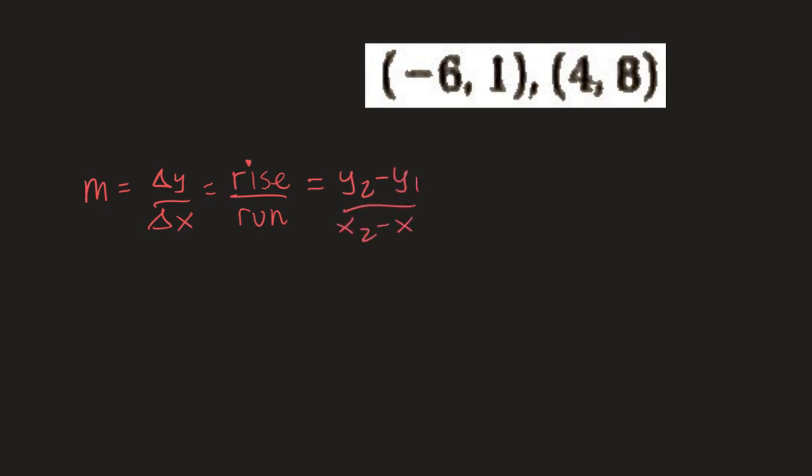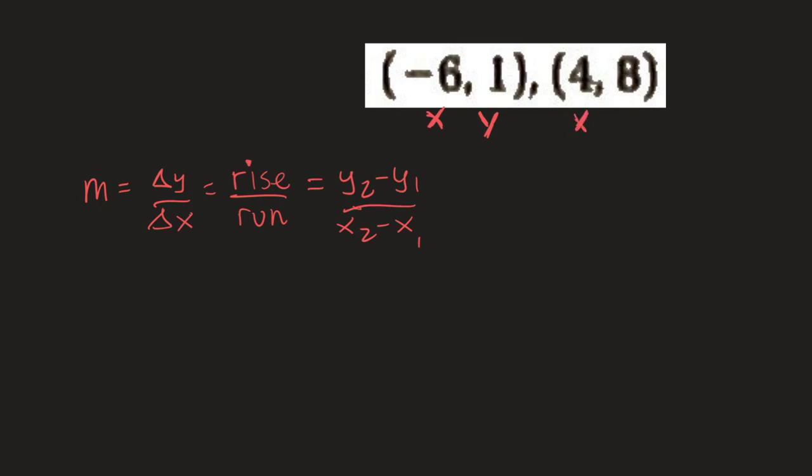These little numbers are not exponents. They're called subscripts, and they're labels. So where are these labels? This is the x number. Remember, it's x and then y in every ordered pair.